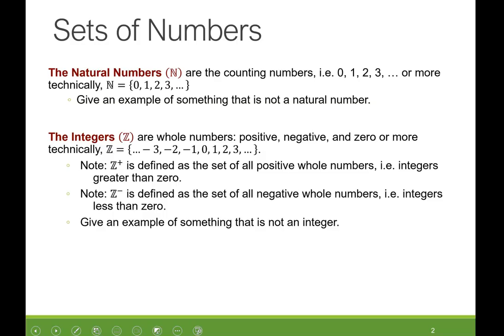They should not be new, but if they feel new to you, make sure to note that the symbol means that. The integers contain all of the natural numbers, but also the negative whole numbers. So -3, -2, -1, 0, 1, 2, 3 are all integers.